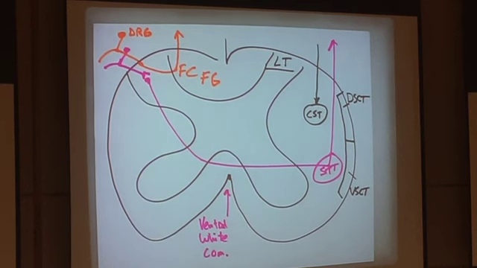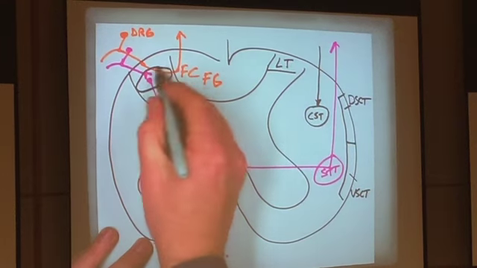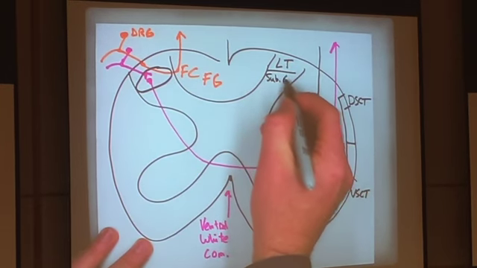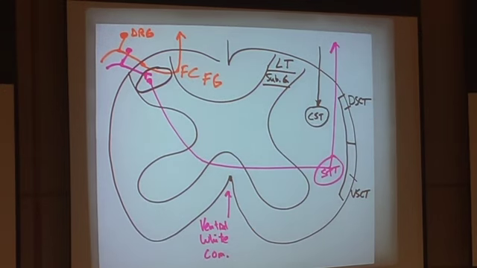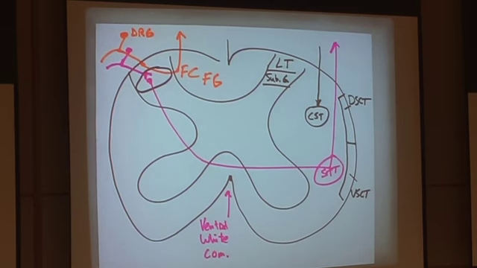It ascends for a few levels, and then it synapses. Okay, and the synapse right here occurs in the nucleus called the substantia gelatinosa. Okay, and that is one area in the dorsal horn that is worthwhile knowing by name because that is mainly important for pain information. Synapse for pain.